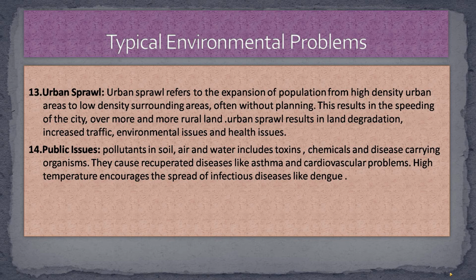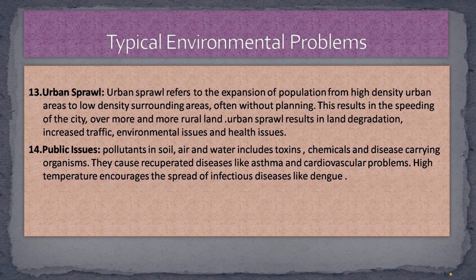Now I am giving an explanation of this urban sprawl. Here urban means cities, sprawl means spreading in an area carelessly. This means spreading of population from urban areas, which have more population, into low density surrounding areas, here meaning rural areas near the town or cities.